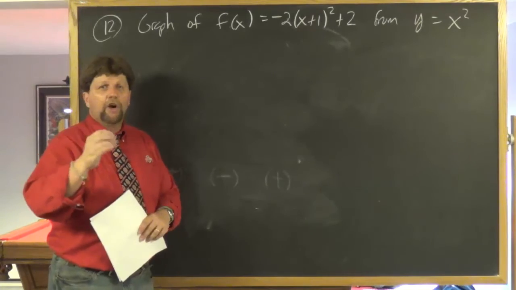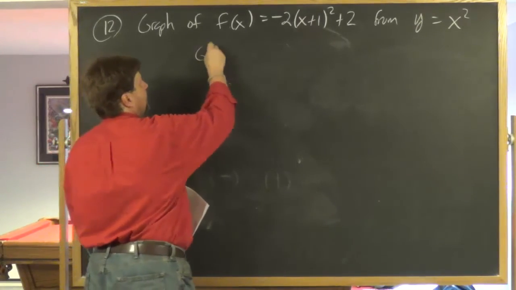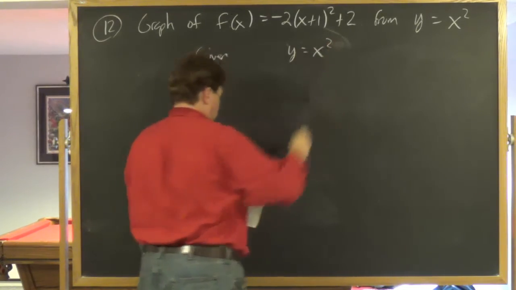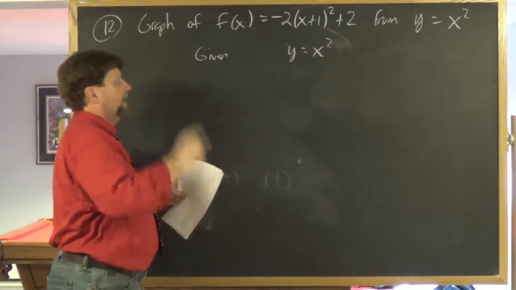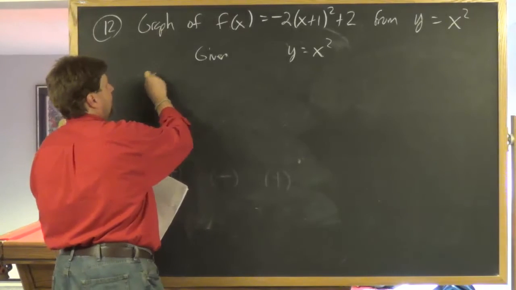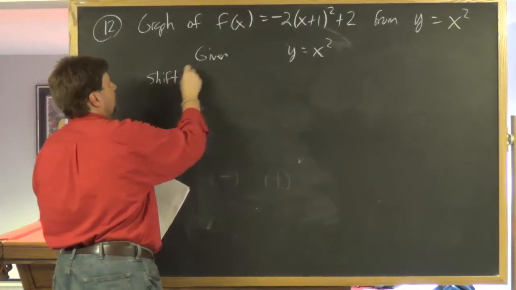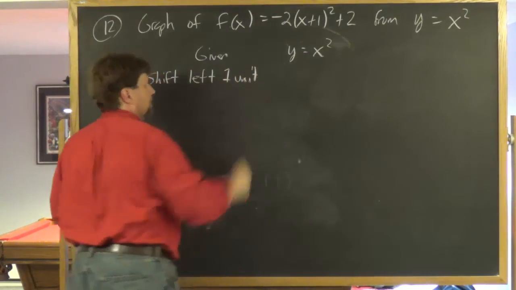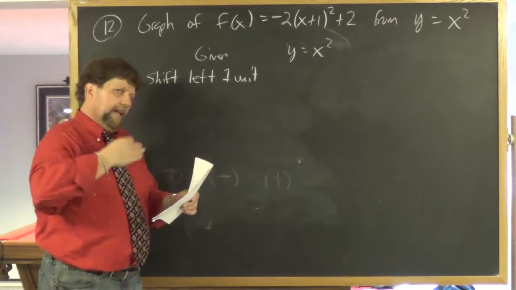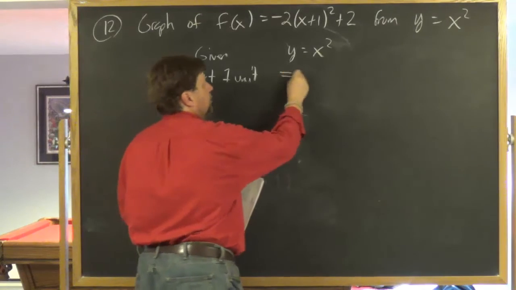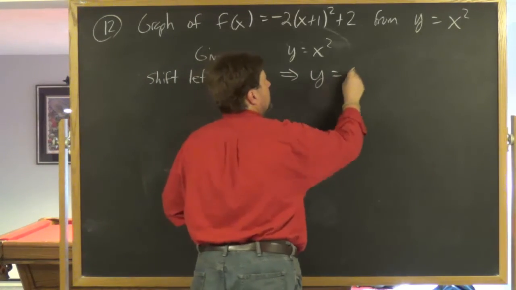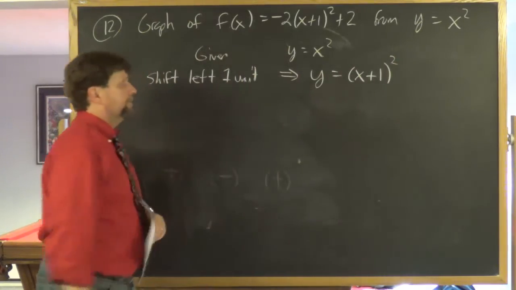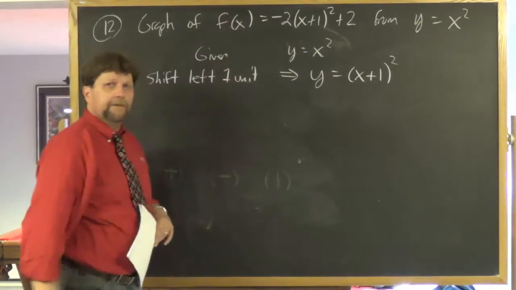I'm not even going to call that a step, but let's just say I am given x squared. Okay, if I take that graph and I shift left 1 unit, that's going to produce x plus 1 quantity squared. See, I'm getting a little closer.